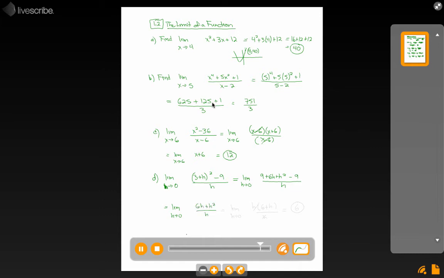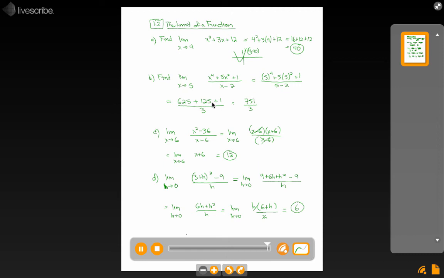That's convenient that those 9's cancel out, because it actually allows me to factor out an h and say, okay, I've got h times (6 plus h) divided by h. These h's cancel. And now h can be 0, and the answer to this, 6 plus 0, is just 6. And so the answer, as you evaluate that limit, is 6.